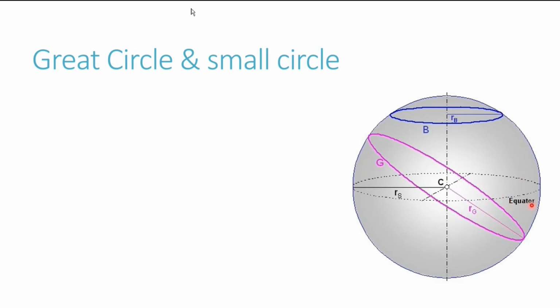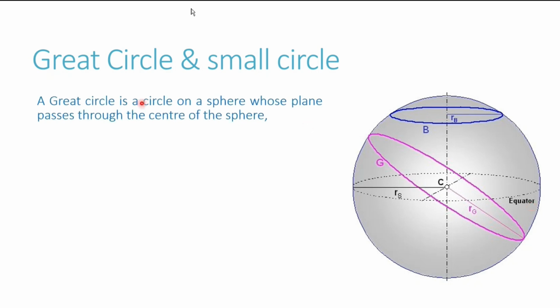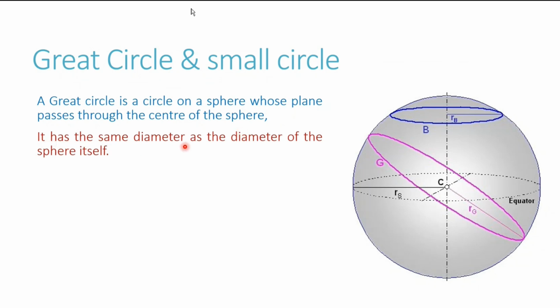Now on a sphere or on the surface of Earth, a great circle is a circle on a sphere or on the surface of Earth whose plane passes through the center of the sphere. The great circle has the same diameter as the diameter of the sphere itself. The purple color circle which we see in the diagram is a great circle.